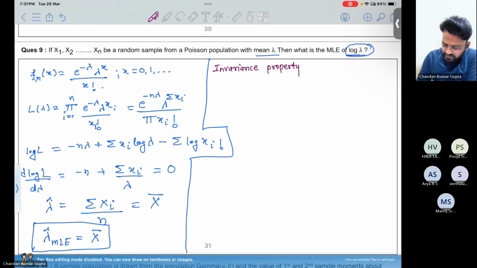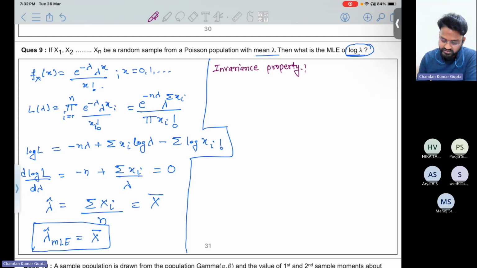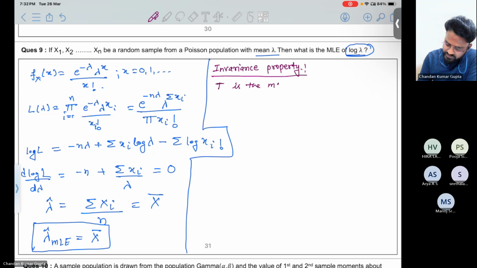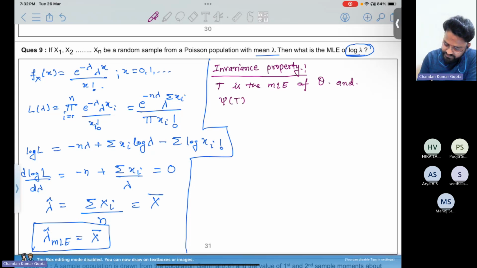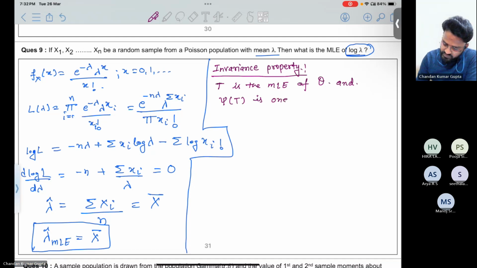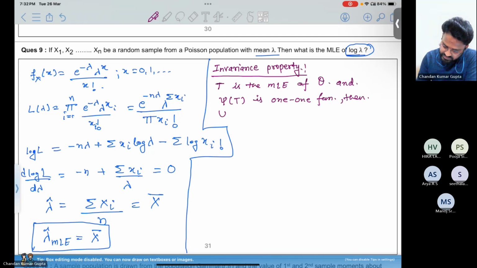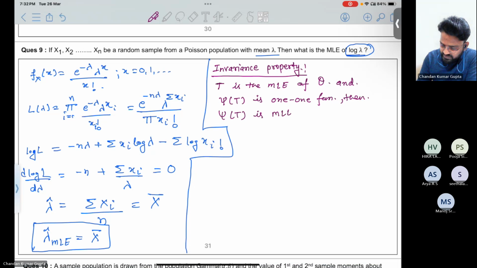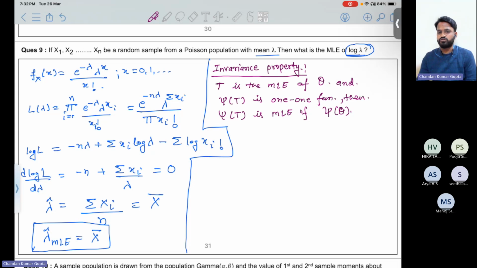The invariance property states that if t is the MLE of theta and psi is a one-one function, then psi of t is the MLE of psi of theta. That means if t is the MLE of theta, then psi of t, any one-one function of t, is the MLE of psi of theta.